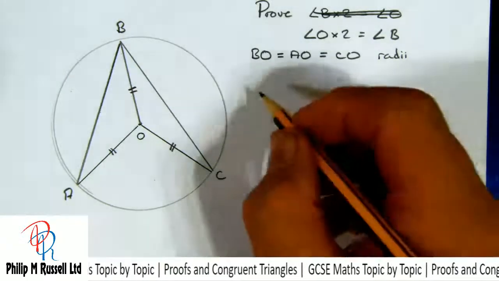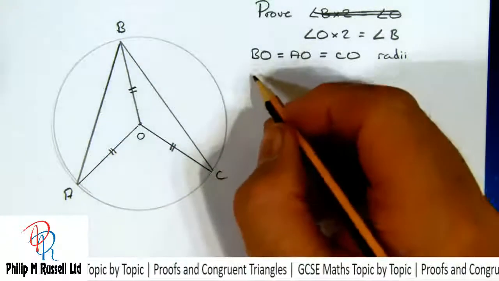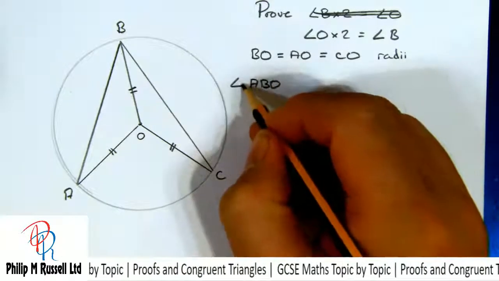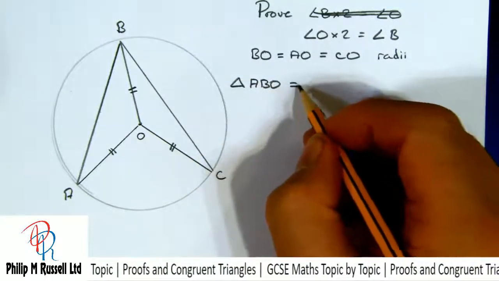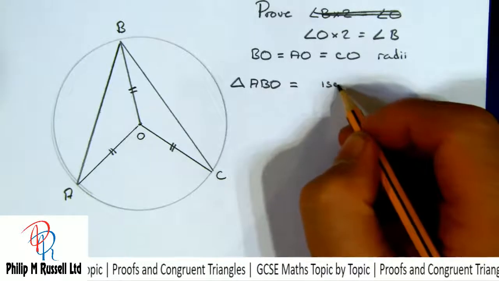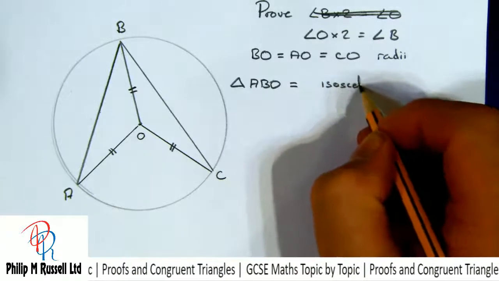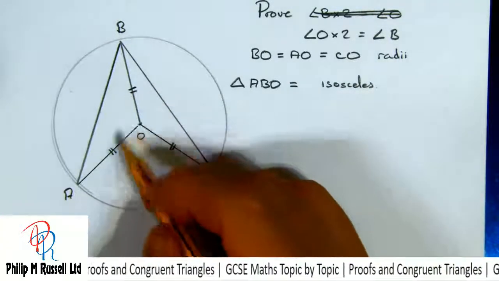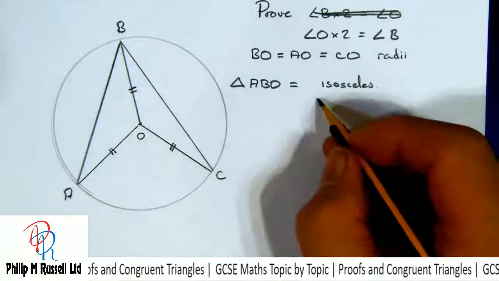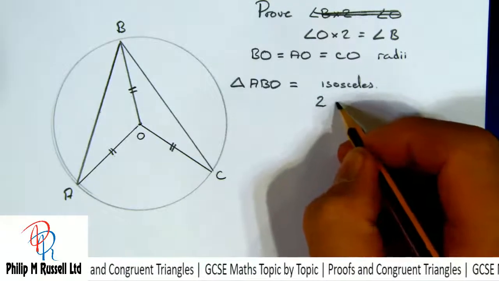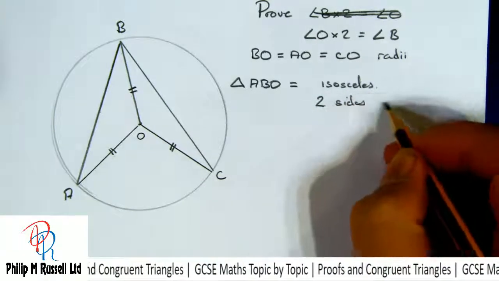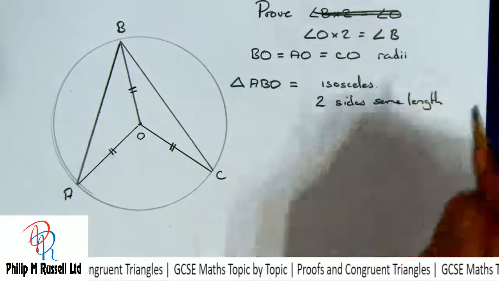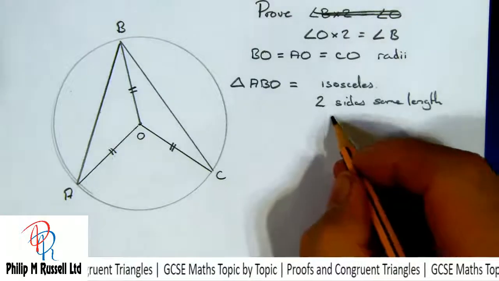If I look at triangle ABO, I can say that this triangle is isosceles, and I know it's isosceles because it's got 2 identical sides, and these were because they were radii.